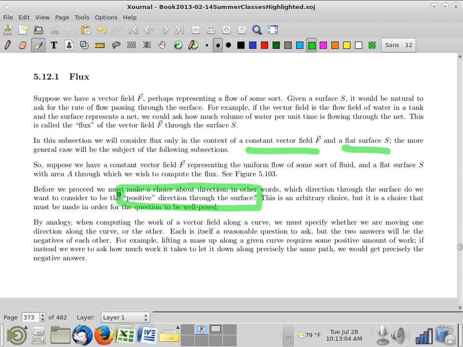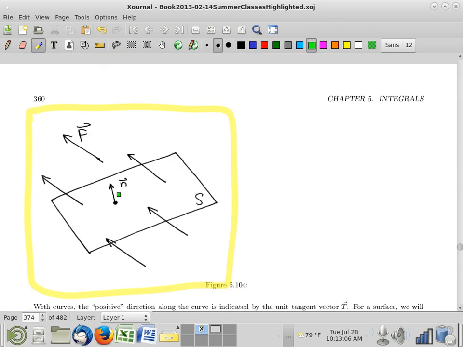So very similarly, we need to define a positive direction through the surface. It's an arbitrary choice. We're going to indicate it by this unit normal vector. Make a better picture there. That unit normal vector there, we're going to call it little n. Its job is to just indicate what we are designating as the positive direction through the surface.